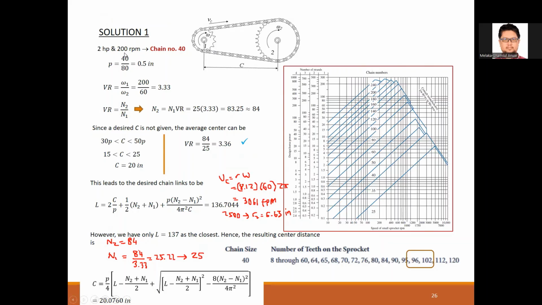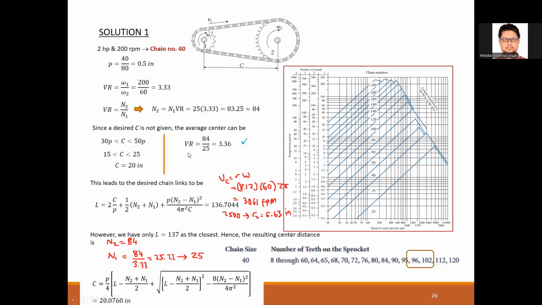Once you know that, you can go through the category 40, chain number 40, and find what are the two sprocket teeth that can get you close to 3.33.